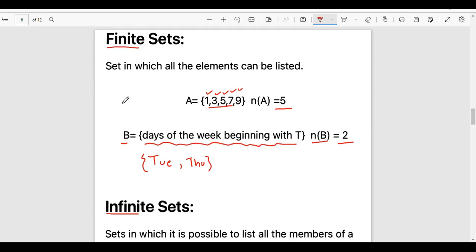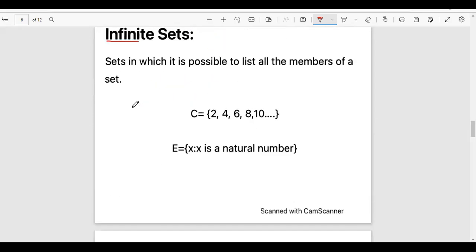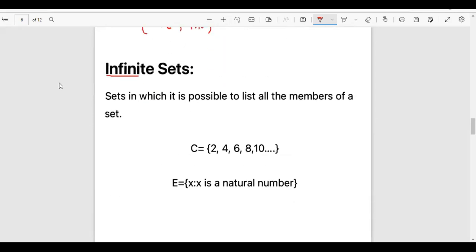Let's talk about some infinite sets now. Infinite set means a set in which it is not possible to list all the members of the set.